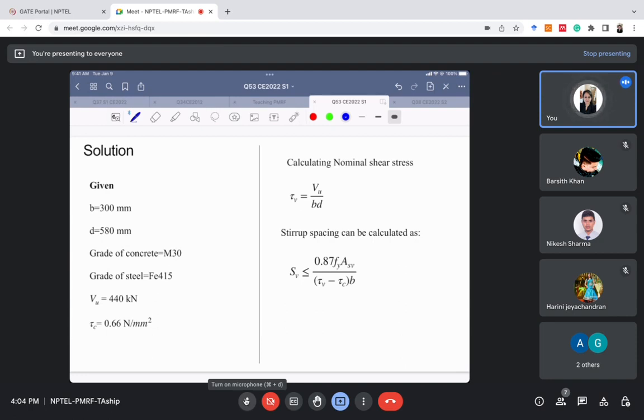So first of all, for designing the stirrup spacing, we need to calculate the nominal shear stress. The formula is Vu by bd, where Vu is the factored shear force.